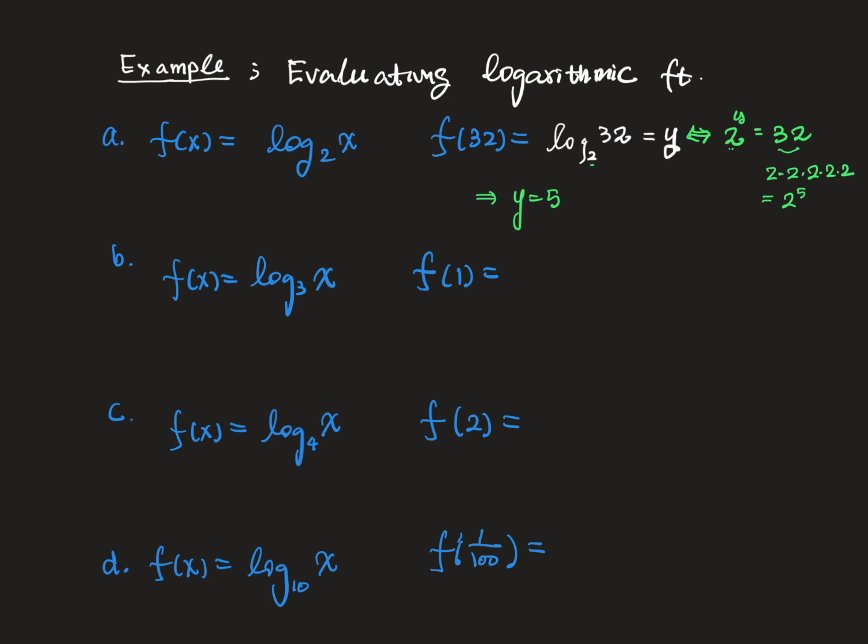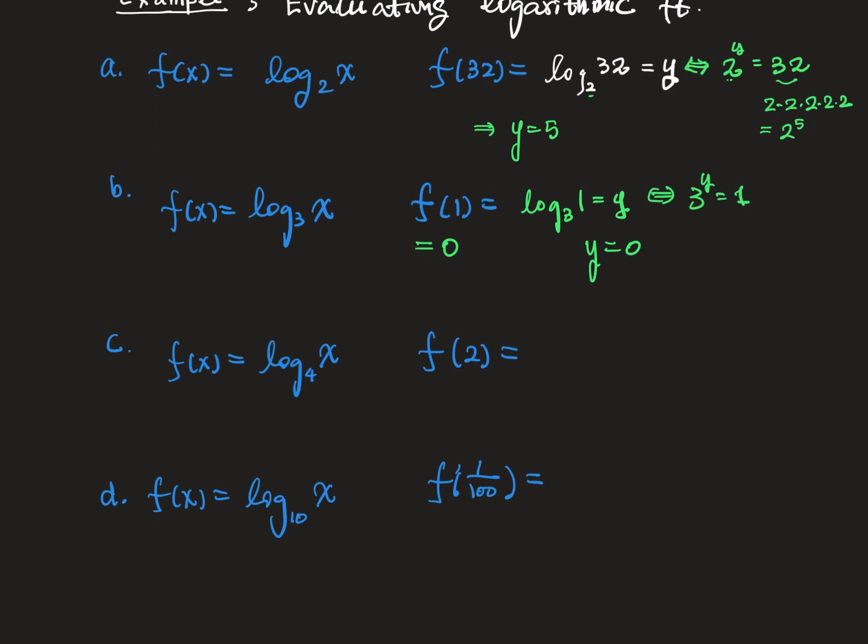Second question: plug in 1, log base 3 of 1. Same thing, set it equal to y. This means 3 to the y equals 1. What is the power going to be? y equals 0. So this value is 0. Okay, a couple more, guys. Look at this: f of 2 with log base 4 of 2. This is the y value.